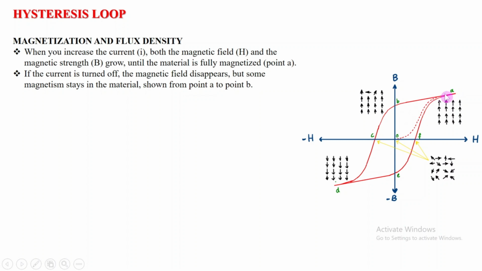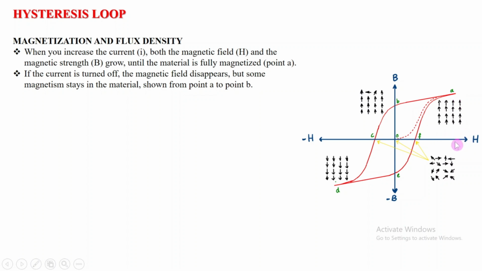So if we zero the external magnetic field, still the soft iron which is present inside that coil has magnetic property, which is shown from 0 to this B. Let's say all domains are in one direction.